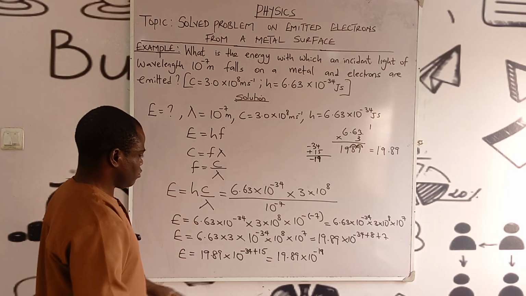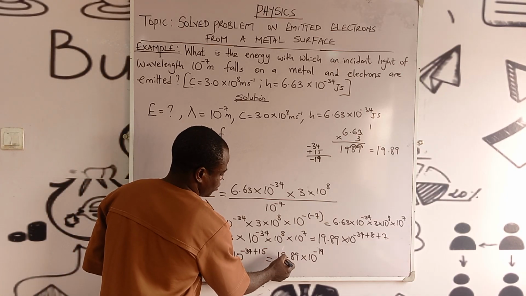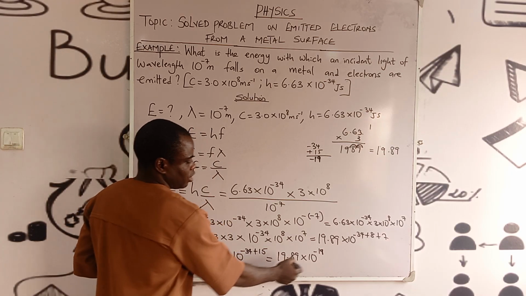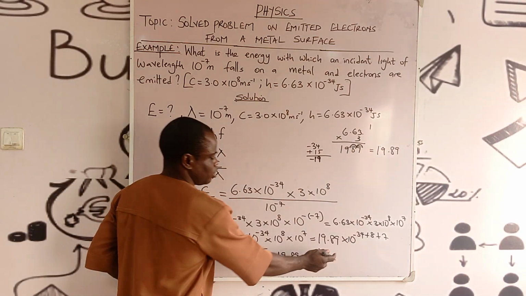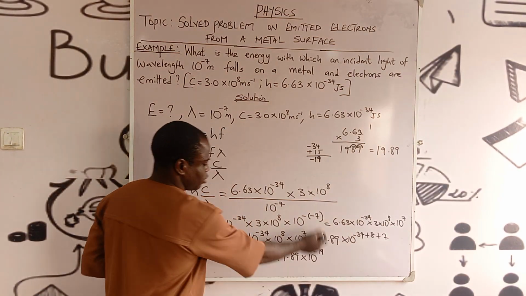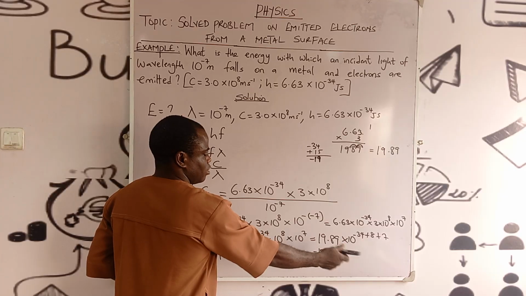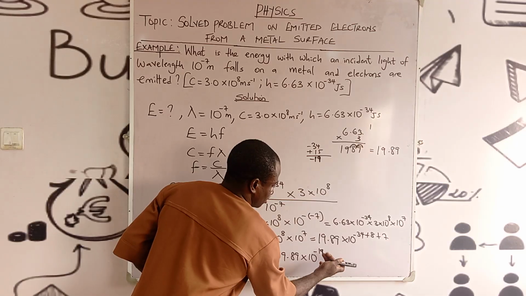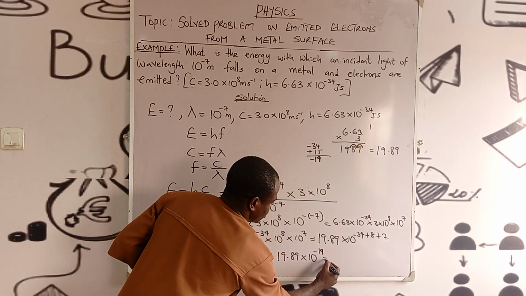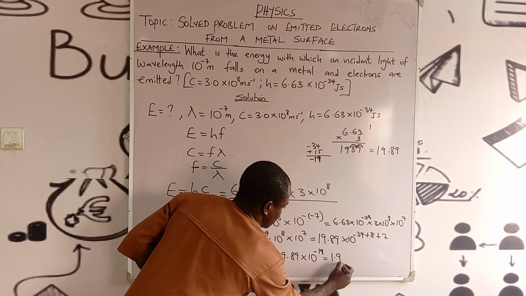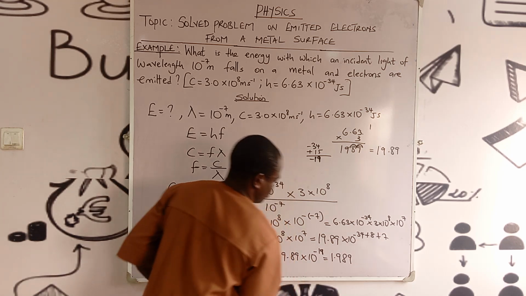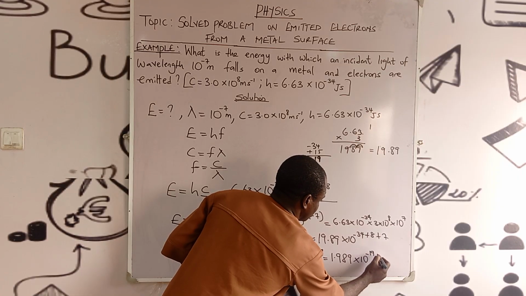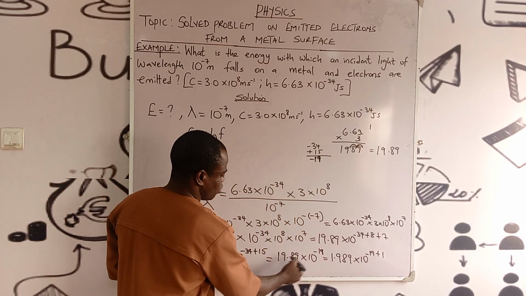Now you want to shift. When you are shifting from the right to the left, you add plus 1 to the power. So we have 1.989 times 10 raised to power minus 19 plus 1, because I shifted one time.